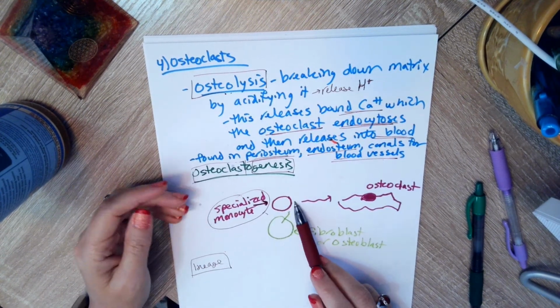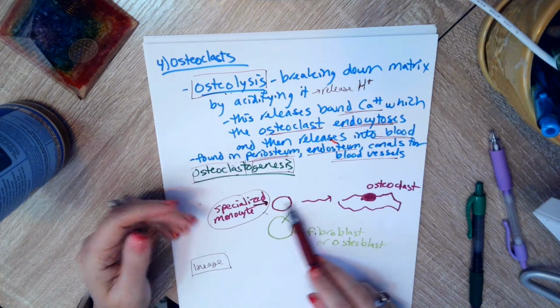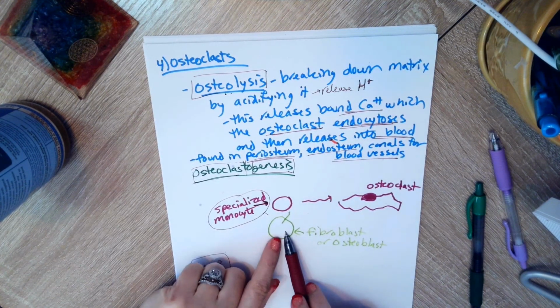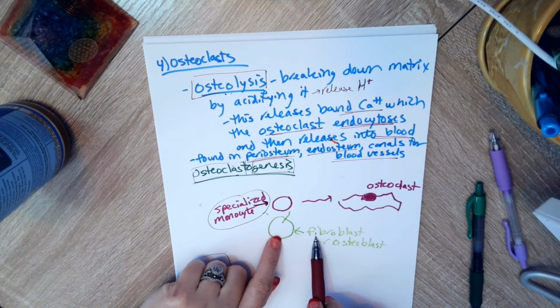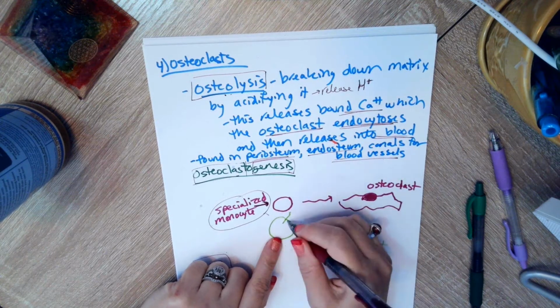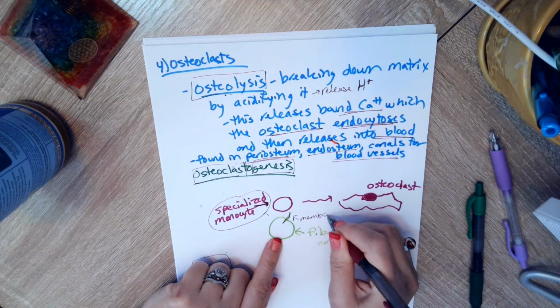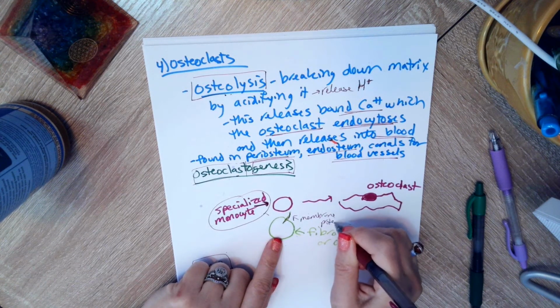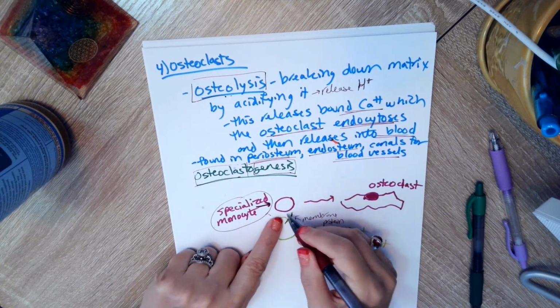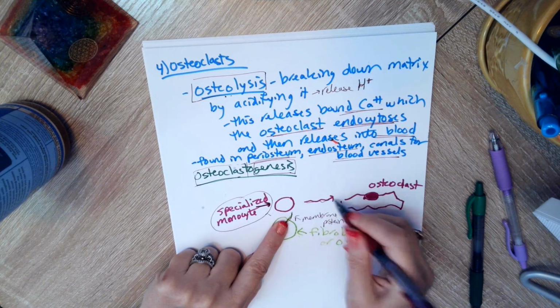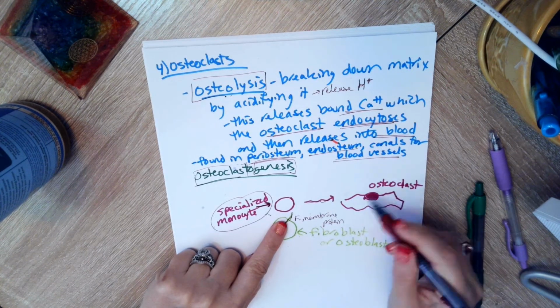It's just moving along in the blood or through the tissue doing its thing, and if it bumps into a fibroblast or an osteoblast that is expressing a very particular membrane protein, it will be triggered to differentiate into the osteoclast.